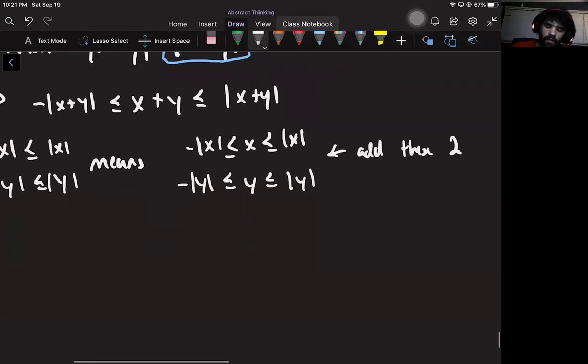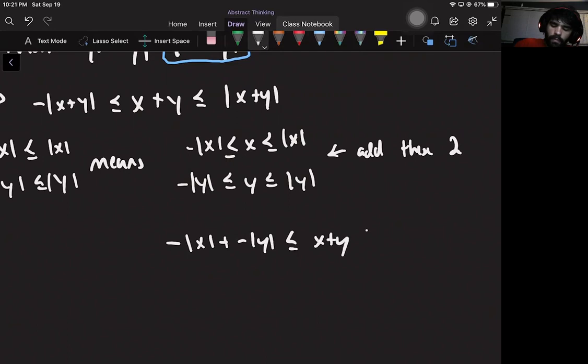So that was something I did earlier. As one of the properties of inequalities, you can add them all up and preserve the directions.